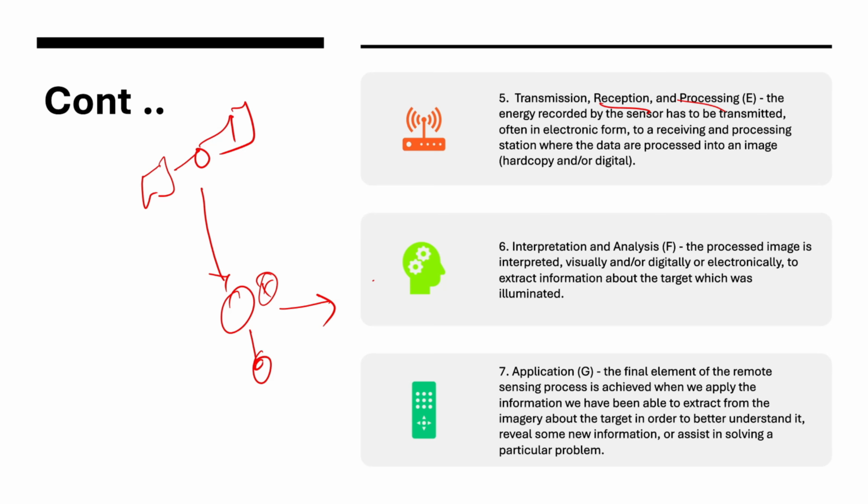Then there is an interpretation station where we can interpret the result, and we interpret something like this is the river, this is a building. Maybe we can interpret by classification, feature extraction, or something like that.